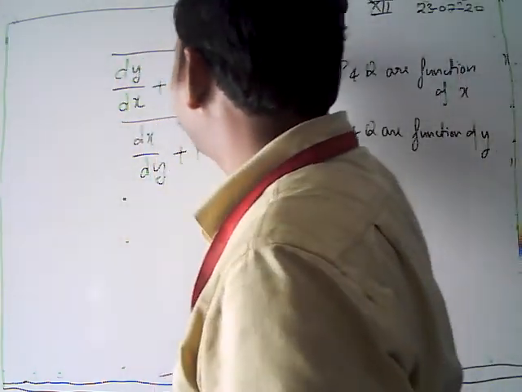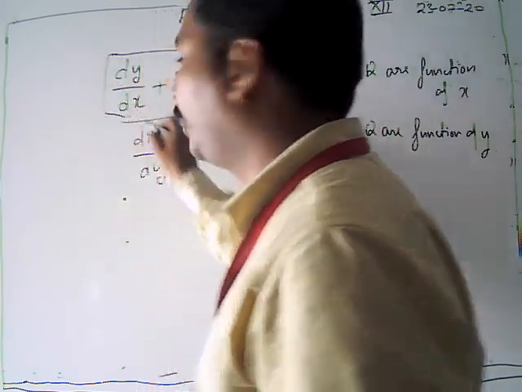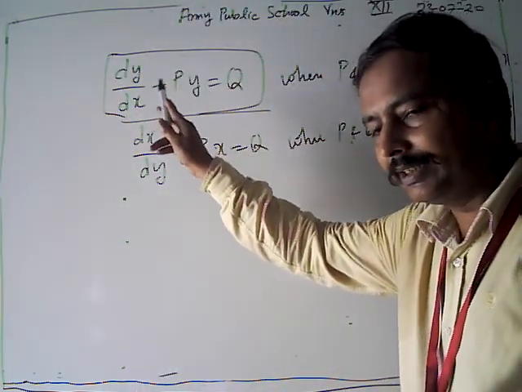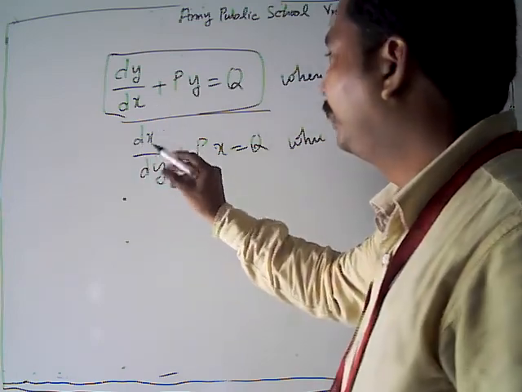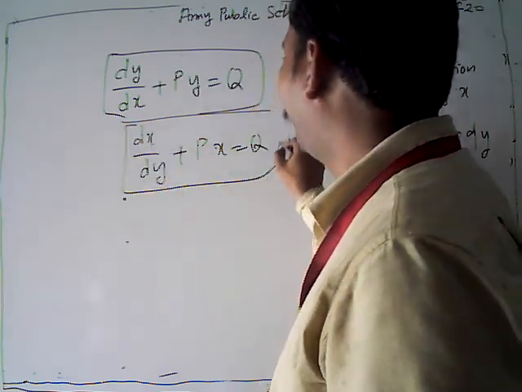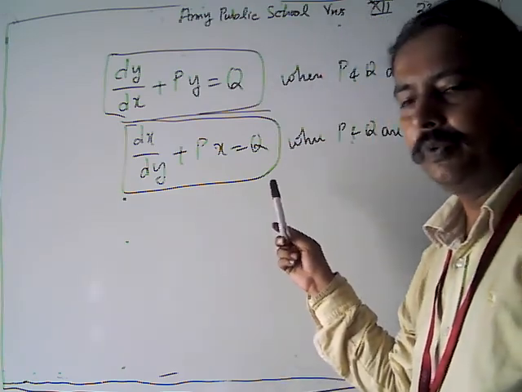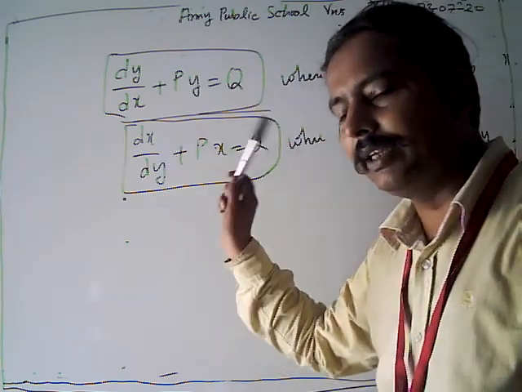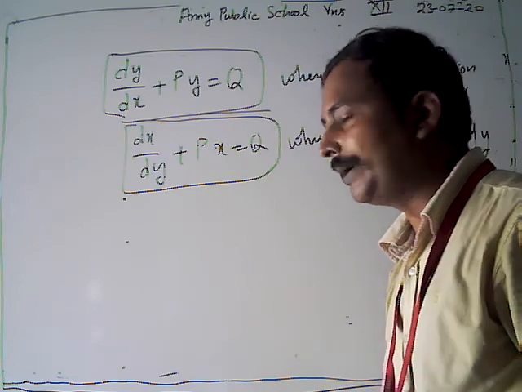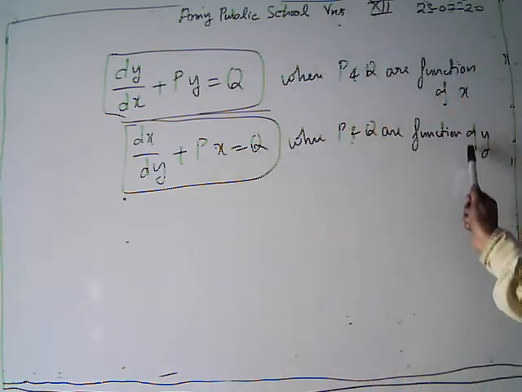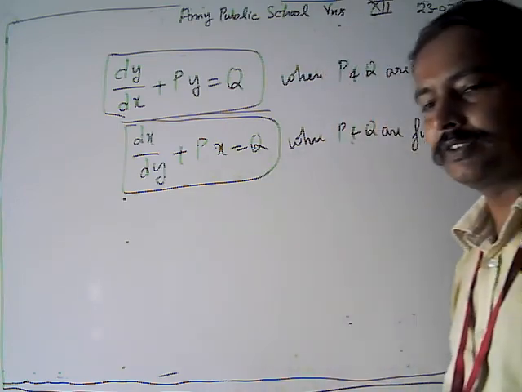The first form is dy/dx + py = q, where y is dependent and x is independent. The second standard form is dx/dy + px = q, where x is dependent and y is independent, and p and q are functions of y.